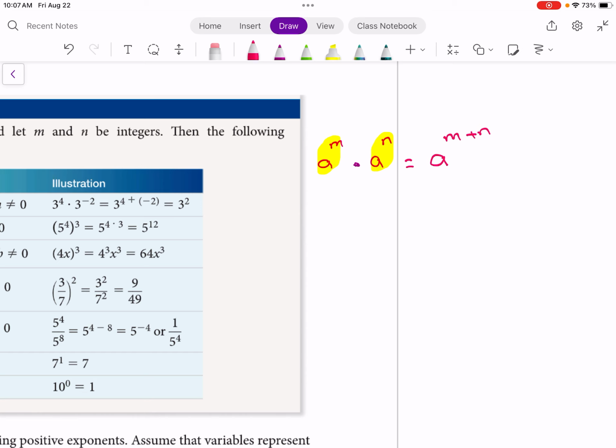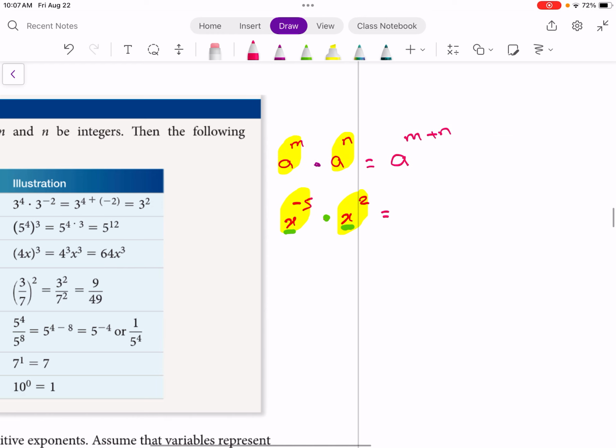So let's take an example. We have x to the power negative 5 times x to the power 2. Both of these expressions have exactly the same base, and we are multiplying them.